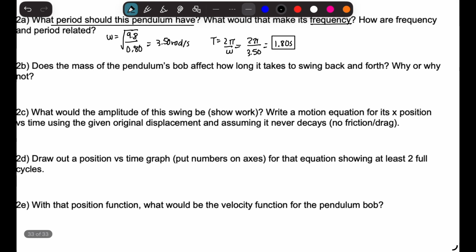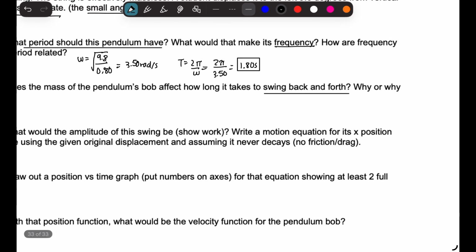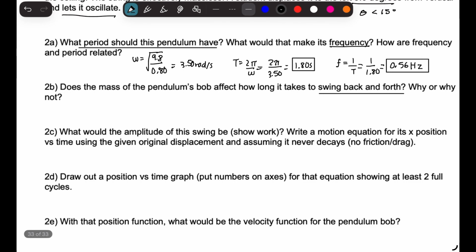Does the mass of the pendulum's bob affect how long it takes to swing back and forth? Why or why not? We need the frequency. So that's 1 over T, the reciprocal. 1 over 1.80 is 0.56 hertz. That's the unit for frequency, and period is measured in seconds because it's time.